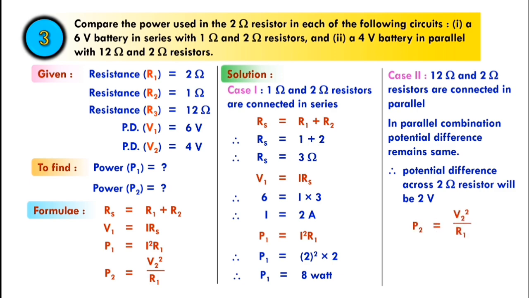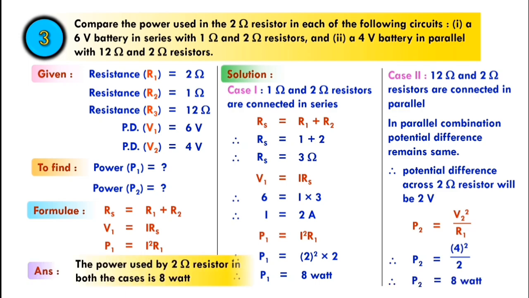Therefore, by using this formula, we can find the value of P2. Now we know that V2 is how much? It is 4 volt. So 4 square upon R1, we know it is 2 ohm. Upon 2, we will get power equal to 8 watt. Hence, we can conclude that the power used by the 2 ohm resistor in both the cases is 8 watt. So guys, it was an interesting question because here you can see every concept was used, right?